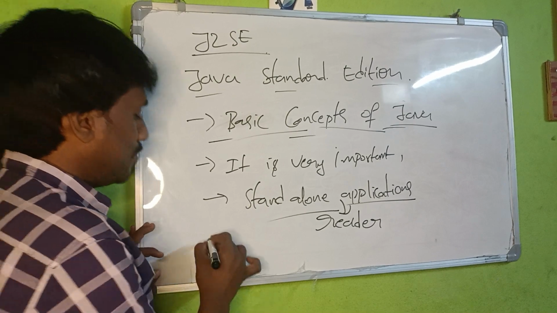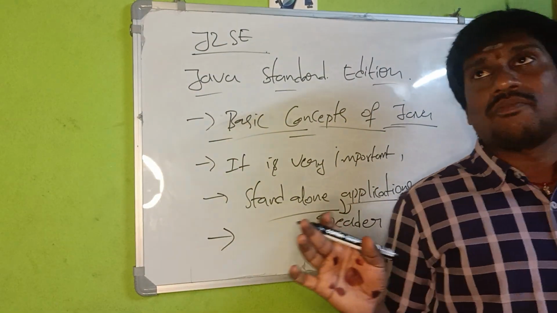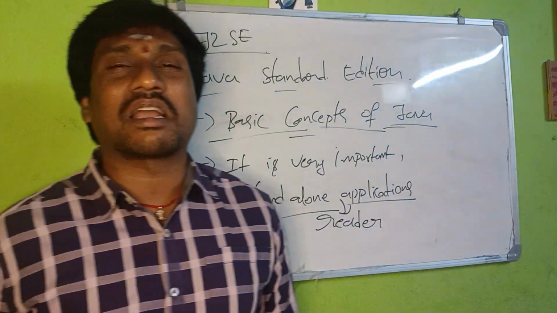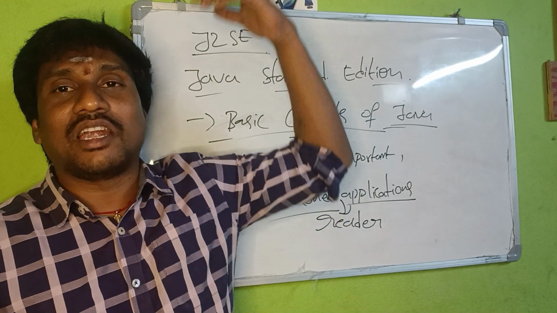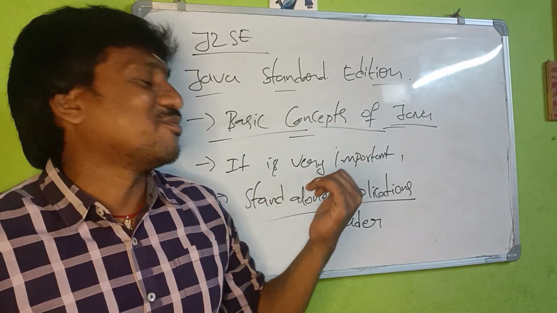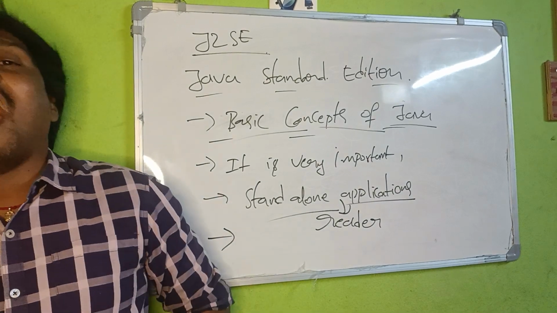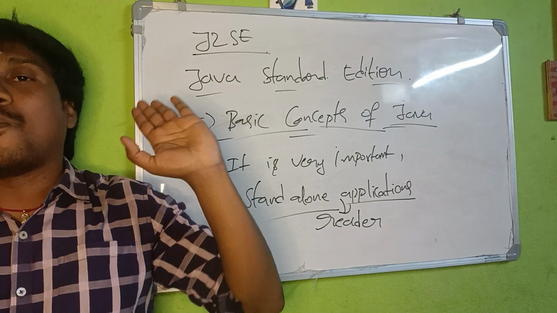One important thing is where Java is used. Now we have Ruby, Python and different things, but Java is still used. I am recording this video from an Android mobile. Android is a Java-based operating system.